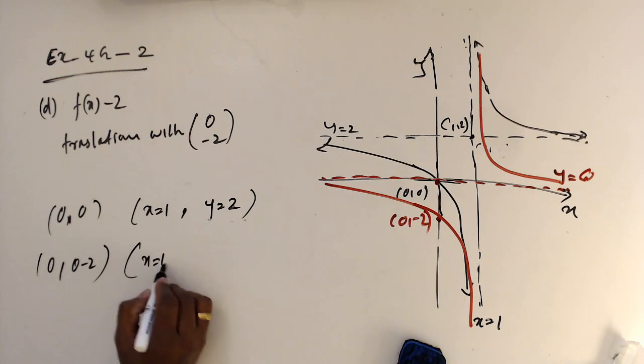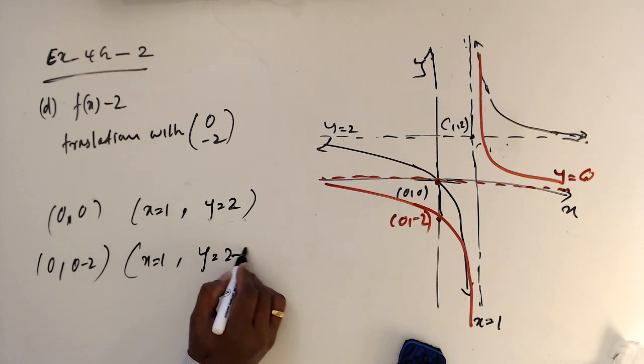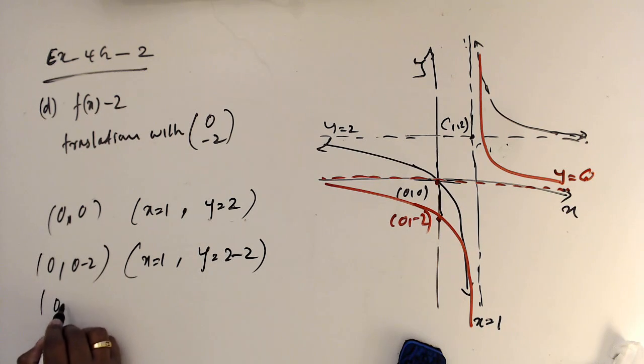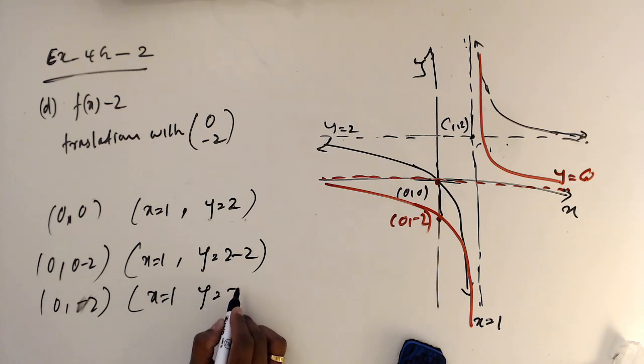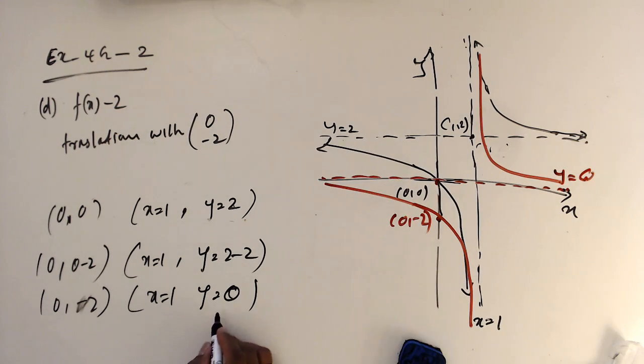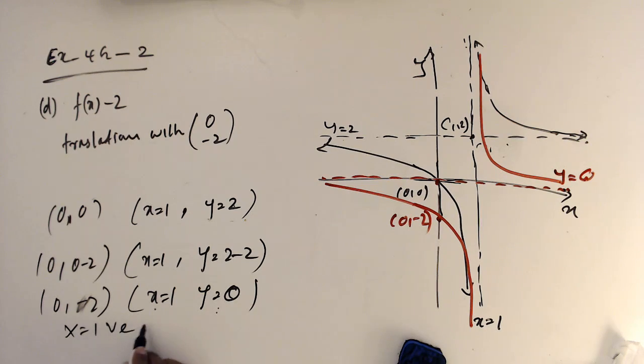And x equal 1, y equal 2 minus 2. So this is going to be 0, minus 2, and this is x equal 1 and y equal 0. So y equal 0 is the new horizontal asymptote, and x equal 1 is the vertical asymptote.